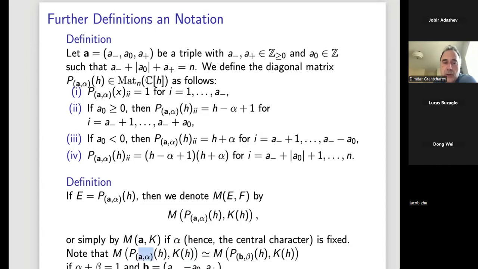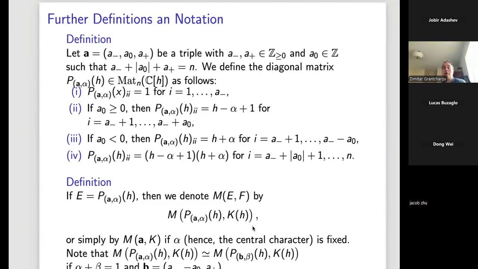The relation between A, alpha and B, beta is a Weyl group relation, and somehow the B, which here is not visible, keeps the A's as they are, but it puts a negative number. I mean, which is A0.